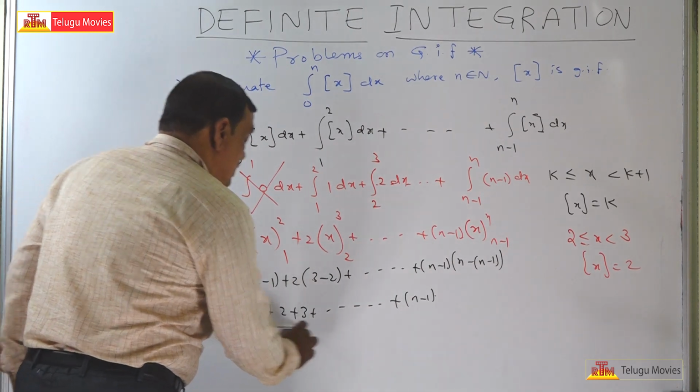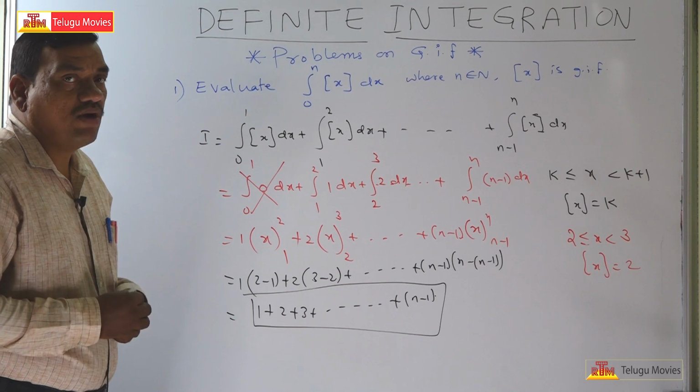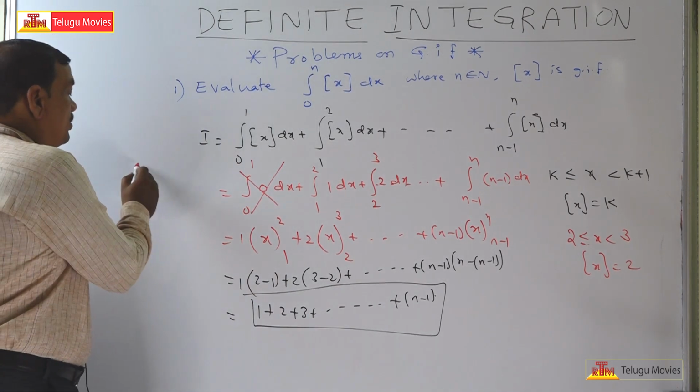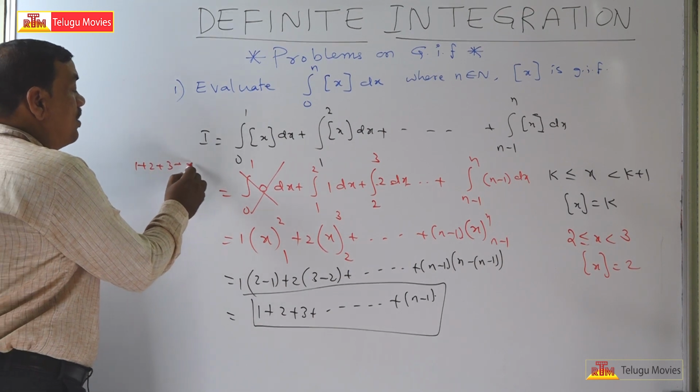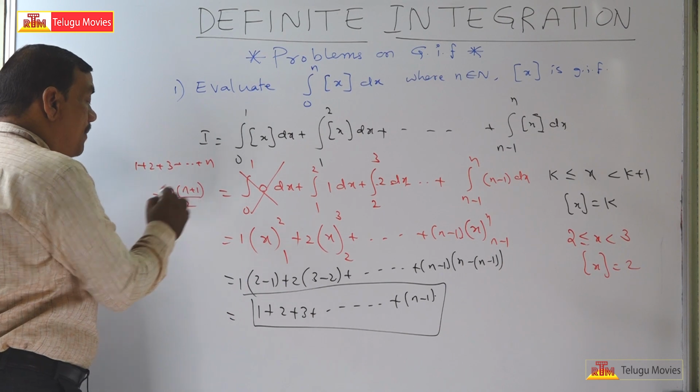So what is the sum of n minus 1 terms? Yes, we know that the sum of n terms, 1 plus 2 plus 3 plus so on up to n, is n into n plus 1 upon 2.